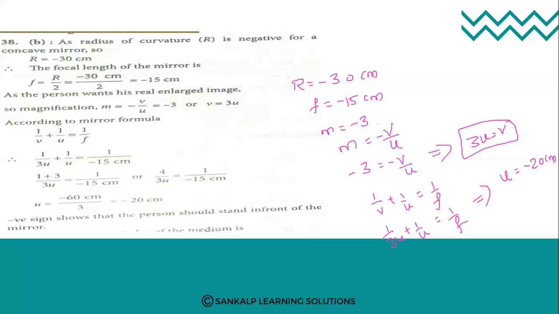Okay, so as you are getting the answer as minus, it means that he should stand on the left side, in front of the mirror. Okay, so copy down the solution here.